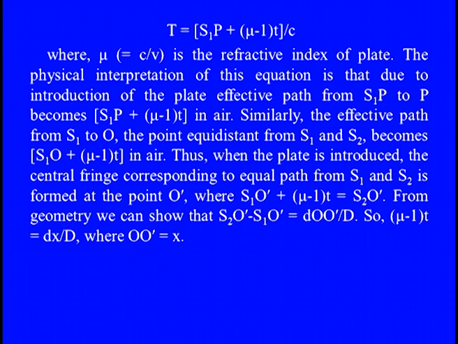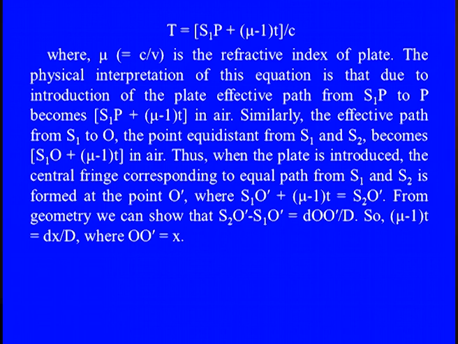So, the time taken by the beam, capital T, will be equal to [S1P plus (mu minus 1) t] divided by c, where mu equal to c by v is the refractive index of the plate. The physical interpretation of this equation is that due to introduction of the plate, the effective path from S1 to P becomes S1P plus (mu minus 1) t in air.